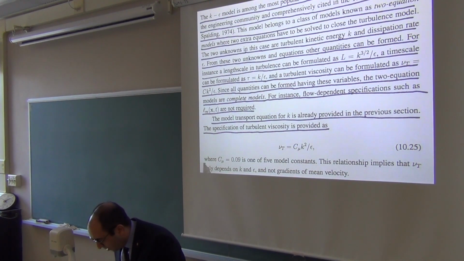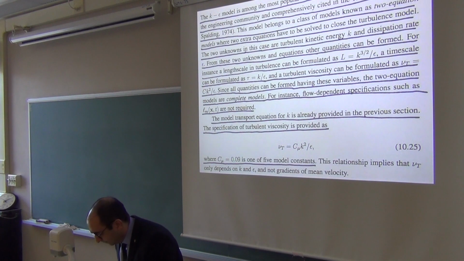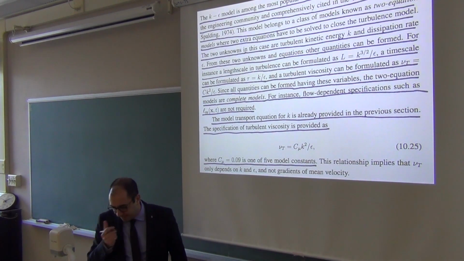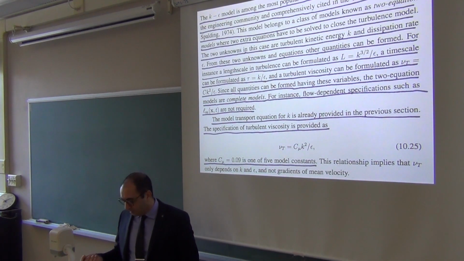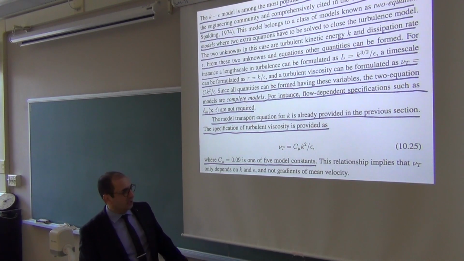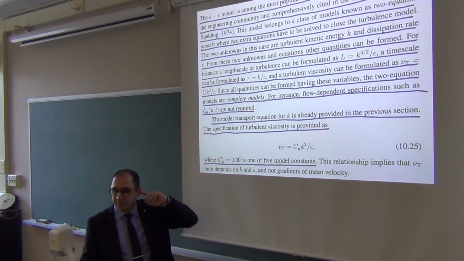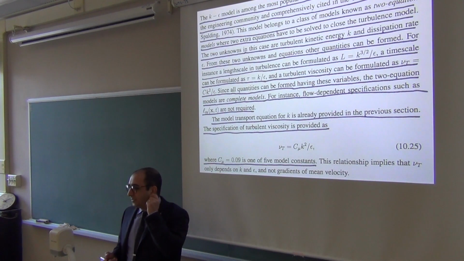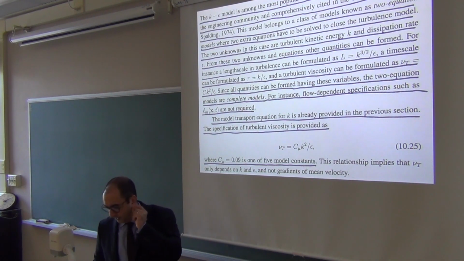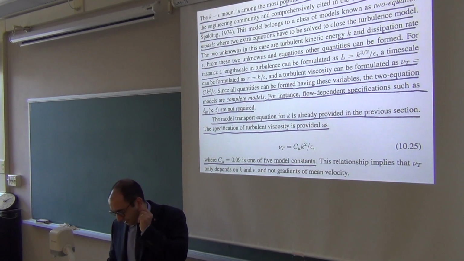So this is one of the 5 constants required for this model. Again, there is no way to prove that C mu is 0.09. This was just fitted. It was a very rigorous statistical analysis and fit that was found to work with most flow conditions.